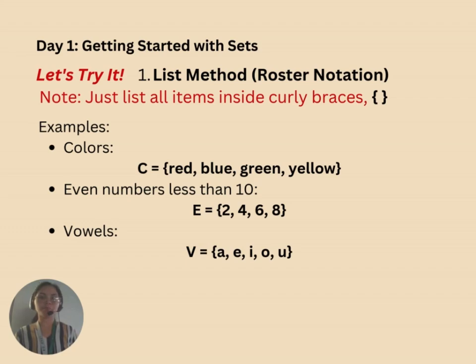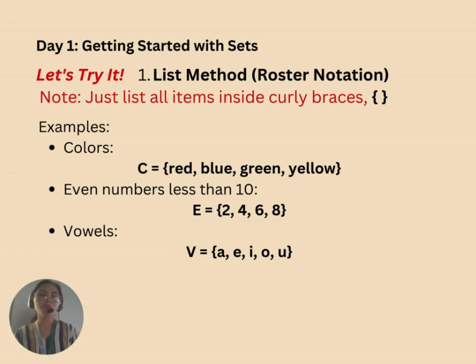Next is the even numbers less than 10. Even numbers are those divisible by 2. Let us name our set with capital letter E. So E = {2, 4, 6, 8}.